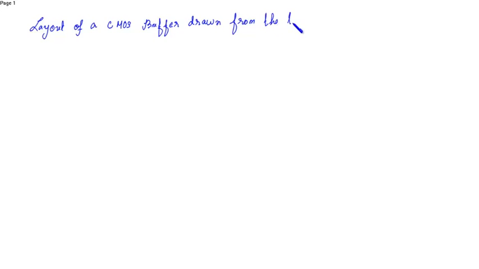So this is the layout of a CMOS buffer that is drawn from the twisted schematic diagram.